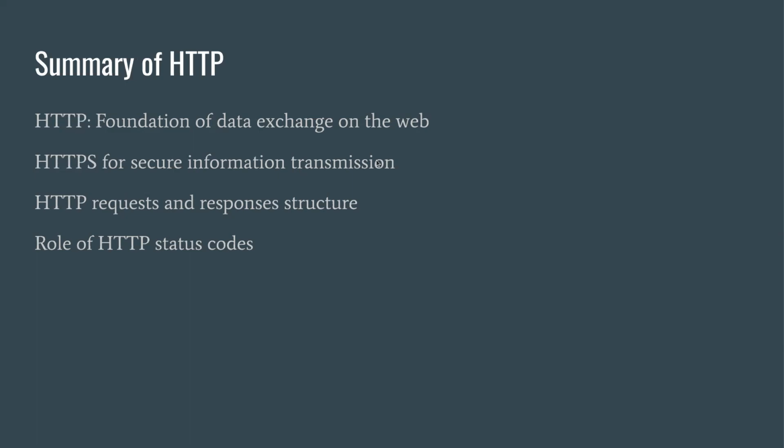So understanding the structure of HTTP request and response, along with the significance of status codes, gives us a clear picture of how the web operates and communicates. And this is really, really important if you are interested in going into the field of web development.